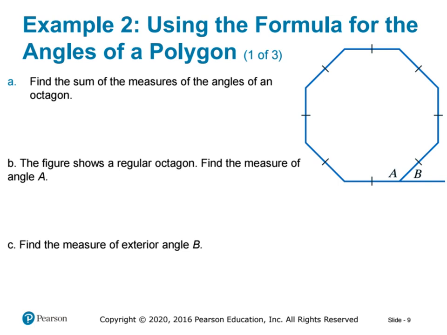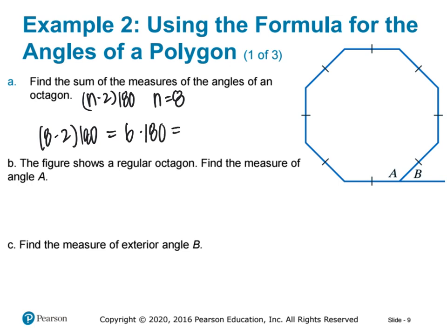So we would do, using that n minus 2 times 180, where n equals 8. So 8 minus 2 times 180 equals 6 times 180, which is 1,080 degrees. So that's how many degrees are in the octagon.